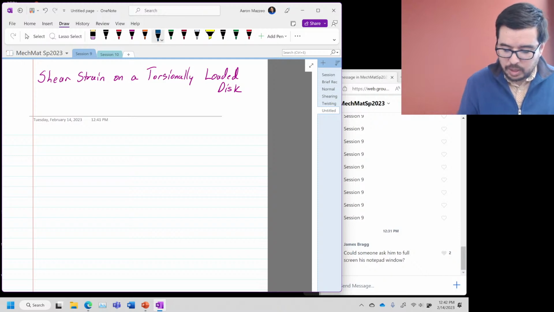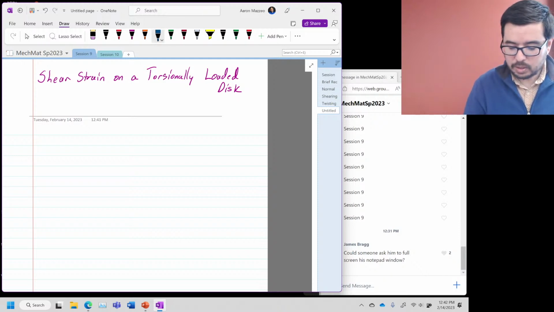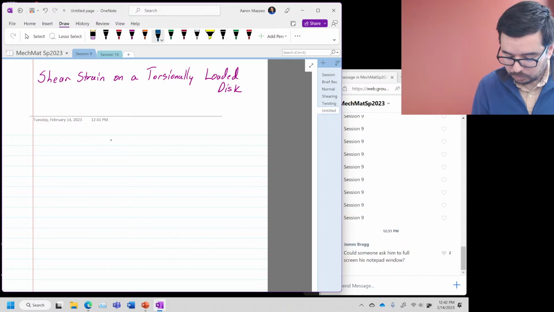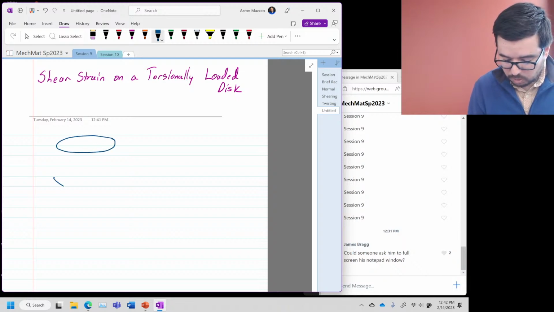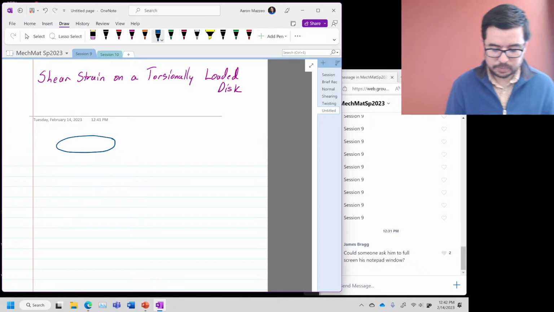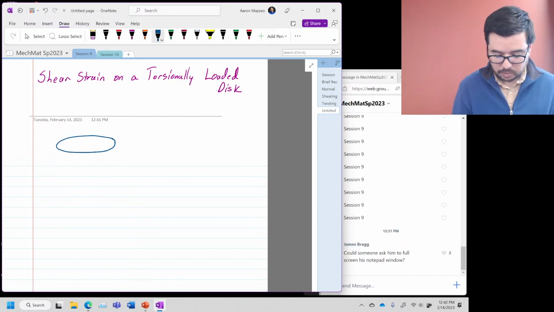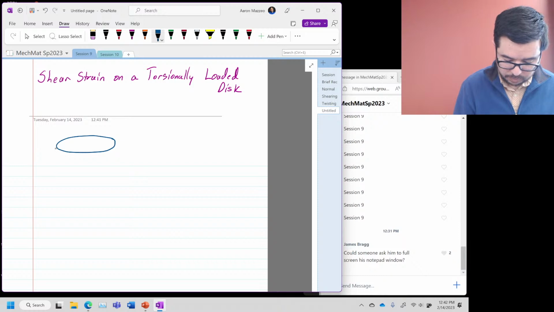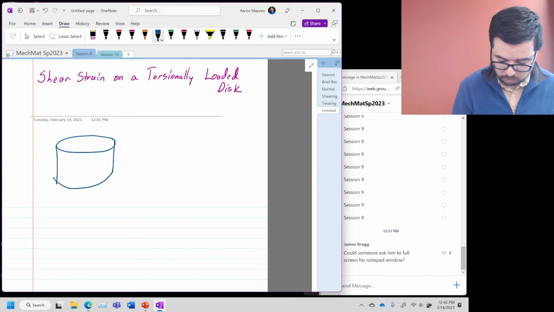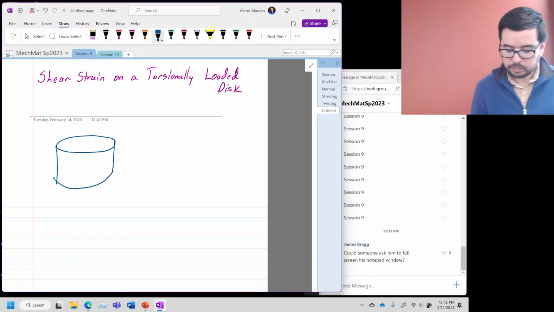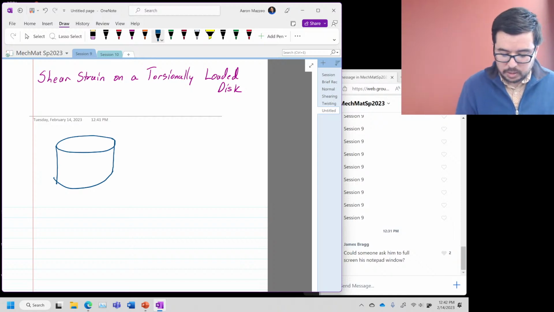So if we take our piece of deep dish pizza and we draw it like this, and we have no load on it.